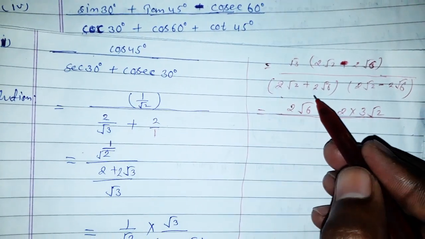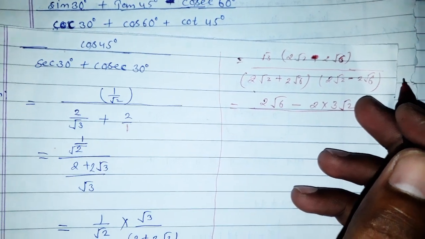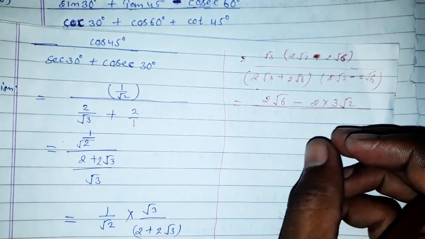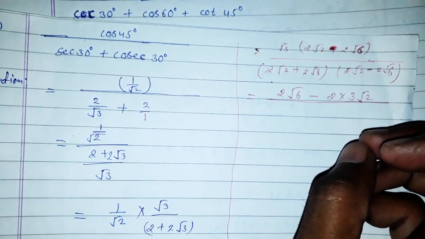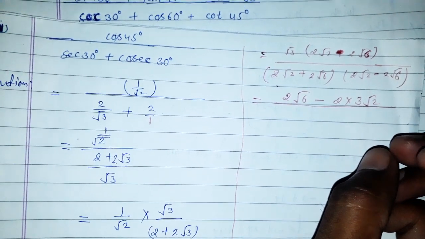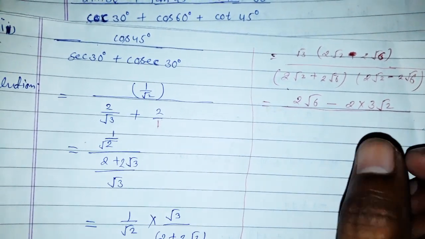And one time minus and one time plus, we know the formula a minus b into a plus b is equal to a square minus b square.